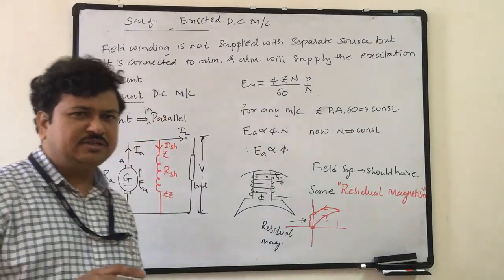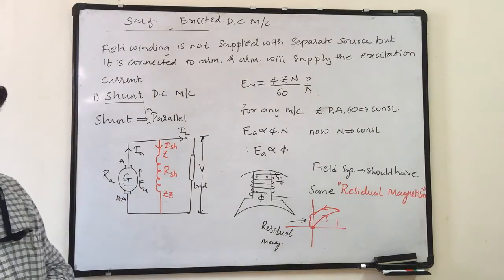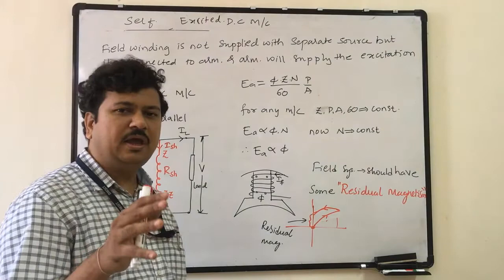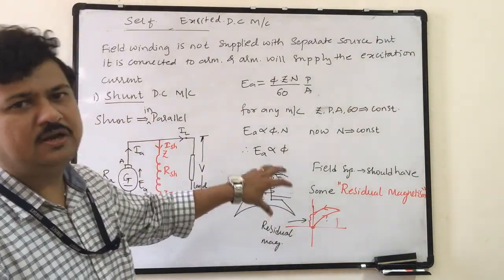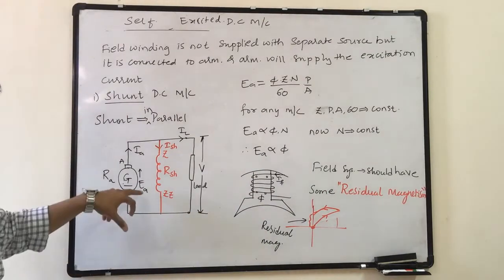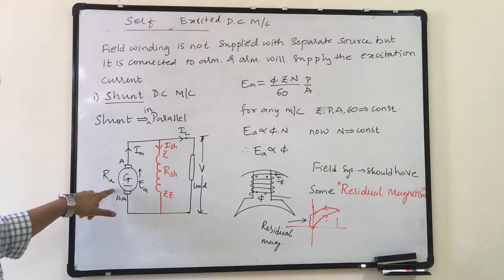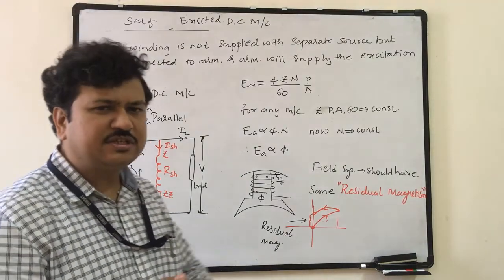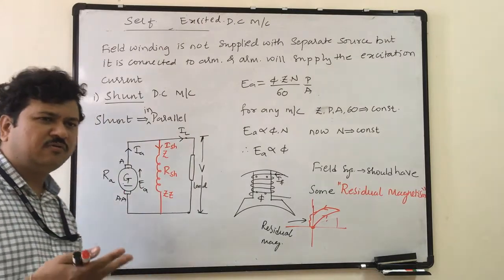So initially when I manufacture the shunt field machine, or any DC machine, I will make sure that I keep some residual magnetism in that pole, in that field winding, so that when the generator starts operating, initially with that residual magnetism present, it can generate a small amount of voltage.